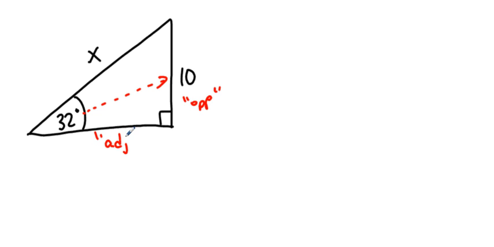This is the side that touches up against that 32, that's adjacent. This is the hypotenuse. It's the longest side of the triangle. It may not be opposite or adjacent. And so what have I got? I've got opposite and hypotenuse. That's a sine problem. Can't write sine without writing an angle. The angle in this case is 32 degrees.